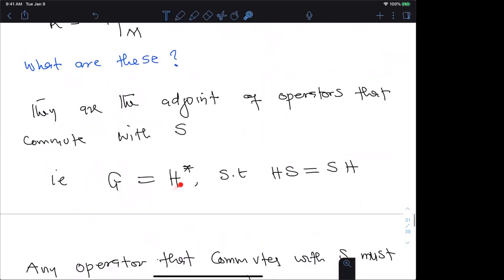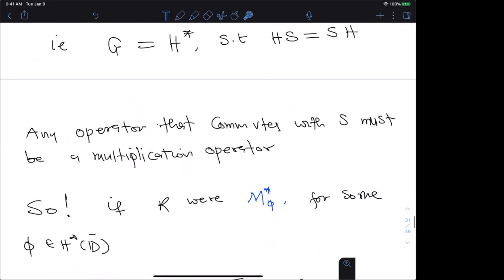So G is equal to the adjoint of some H such that H commutes with S. But any operator that commutes with S is a multiplication operator.